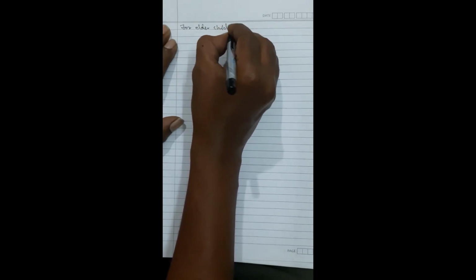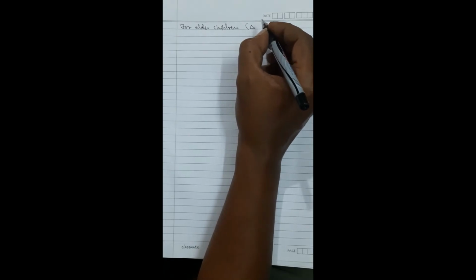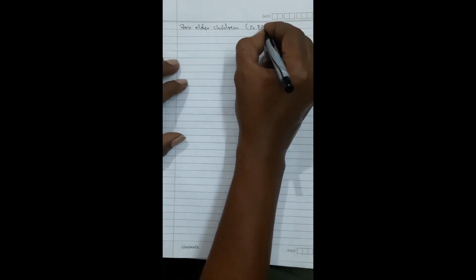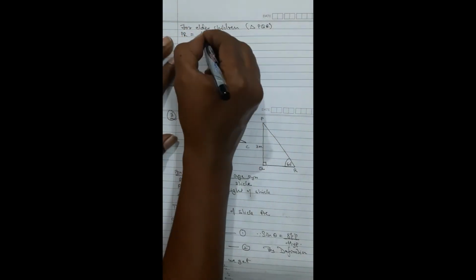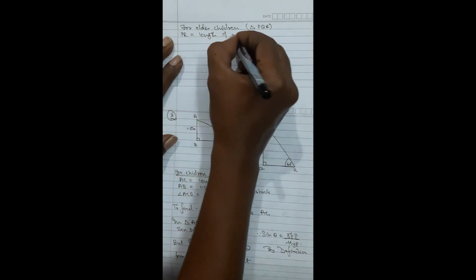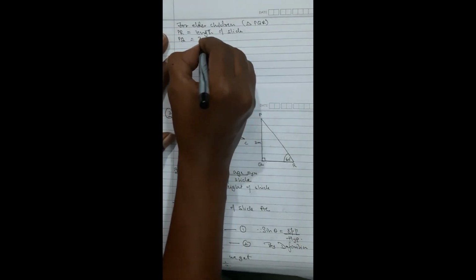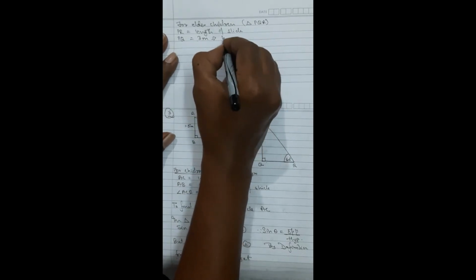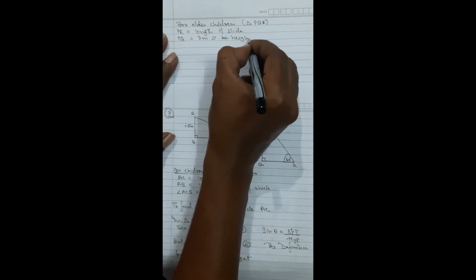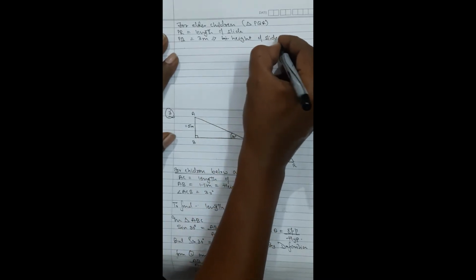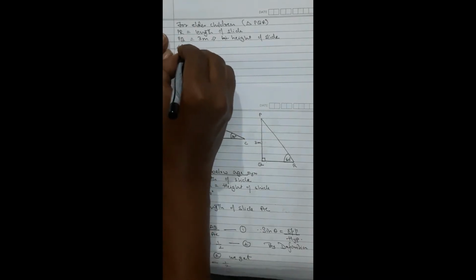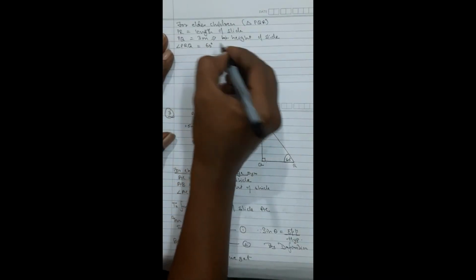So for elder children, in triangle PQR, PR is equal to the length of the slide, PQ is equal to 3 meter is the height of the slide, angle PRQ is equal to 60 degree.